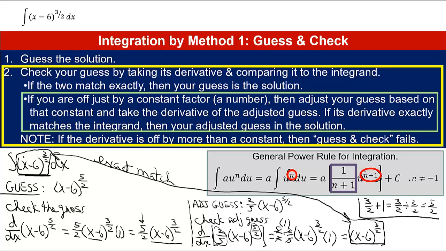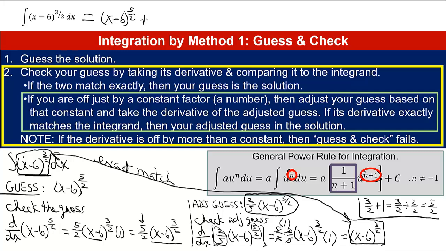Exactly. That means my adjusted guess was right. What was my adjusted guess? My adjusted guess was this 2/5 quantity x minus 6 raised to the 5/2. If it's exactly right, then that is the answer. So the answer is 2/5 times the quantity x minus 6 raised to the 5/2 power.